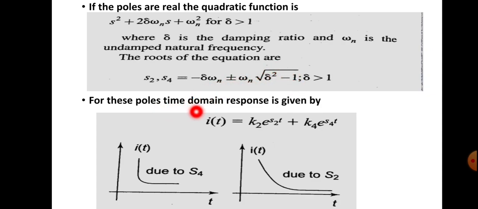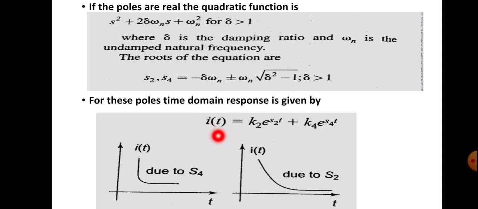So for these poles we can plot the time domain response. Suppose we have a function in the S domain; if we take the inverse Laplace transform, we will get the time domain response. The time domain response is denoted here as i of t. There is no significance in representing it as i of t.